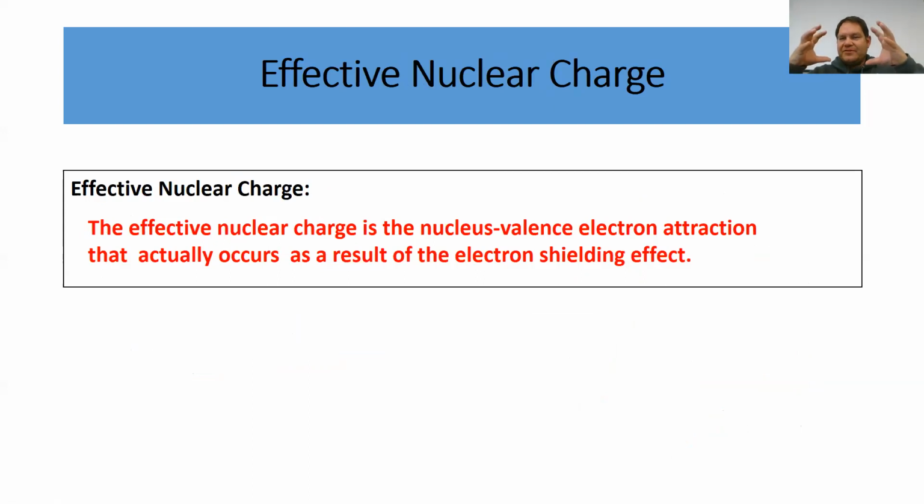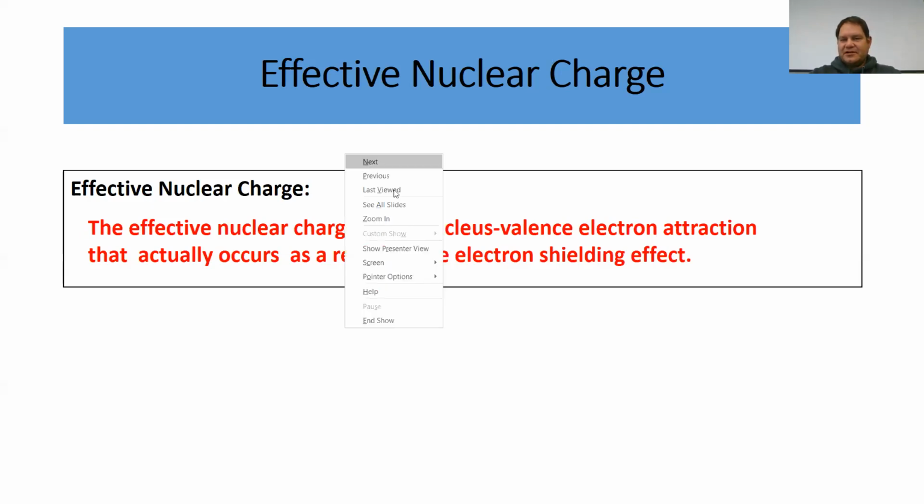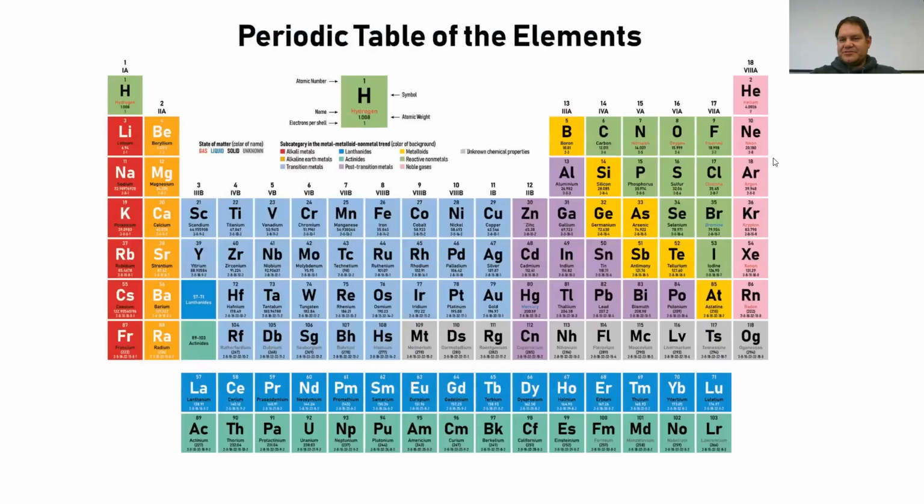But if you have core electrons shielding the nucleus, then the effective nuclear charge takes hold, okay? So again, you can think of the effective nuclear charge as the real attraction between the nucleus and the valence electrons, taking into account the shielding effect, okay? So we will often use the effective nuclear charge in addition to saying nuclear charge.